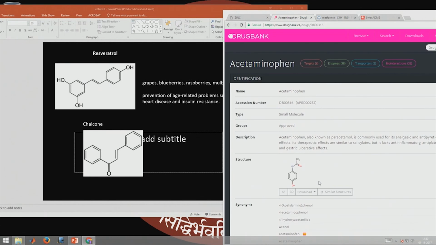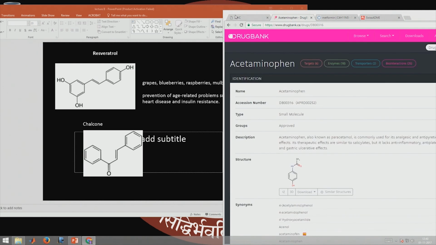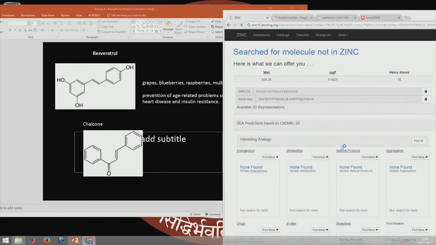So, we can move the SMILES notation from one software to another and get properties if they are available, or we can search for similar structures if they are available.